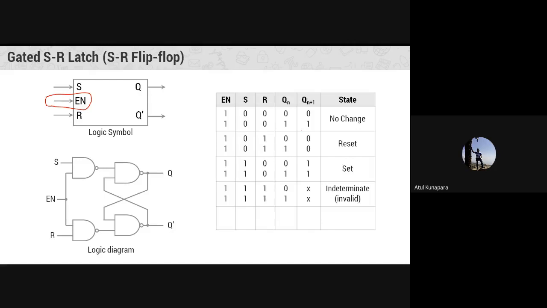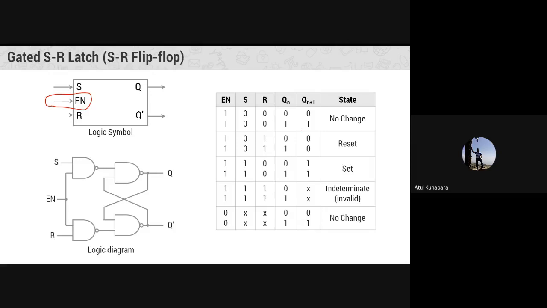But now, your SR latch will work in the same manner if you provide enable equal to 1. But if you provide enable equal to 0, then whatever the S and R values are, your output will not change, meaning it remains the same, so that also gives you no change.